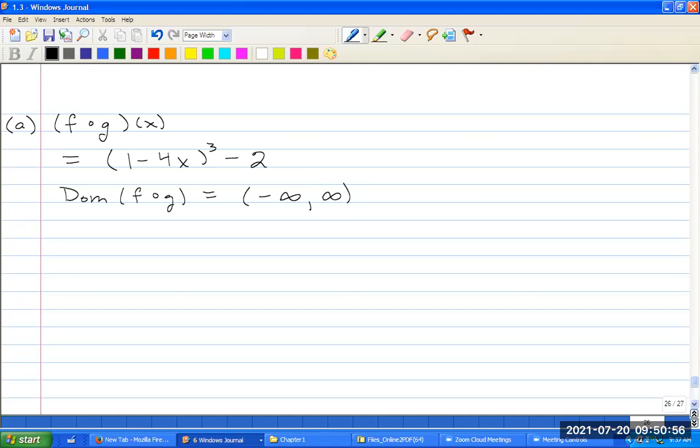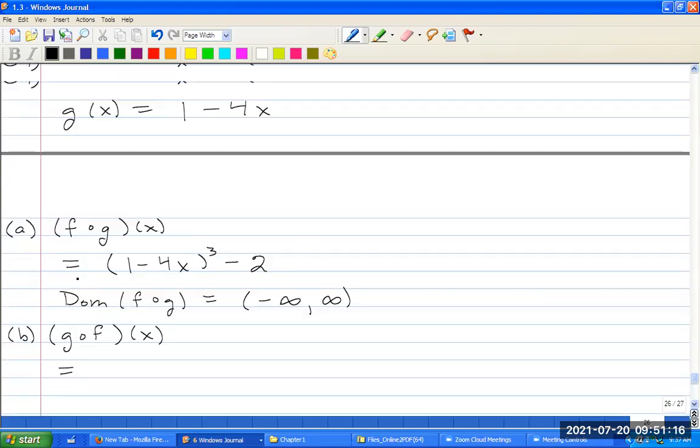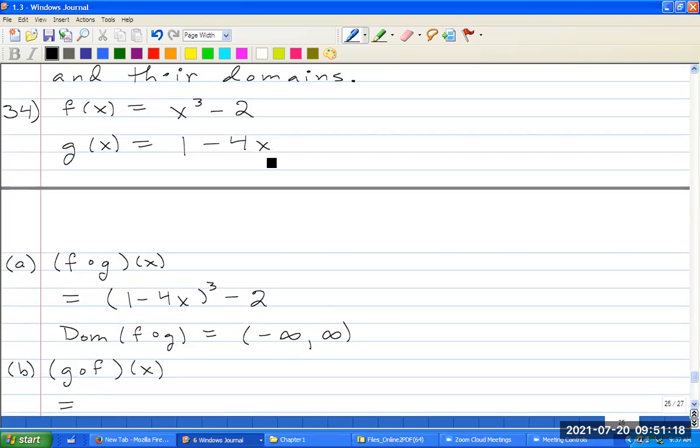Let's do part B, which is basically the same thing. It's just G composed with F at X. So here, wherever I see an X in the formula for G, I'm going to replace X by the formula given by F. So wherever I see an X, I'm going to replace X here by X cubed minus 3.